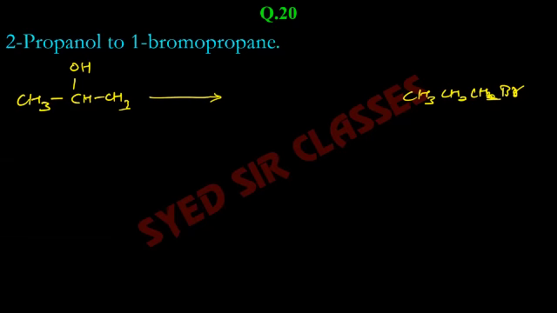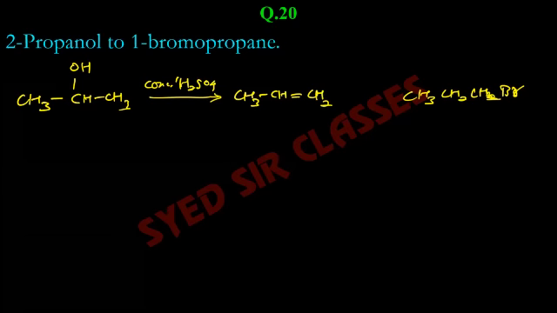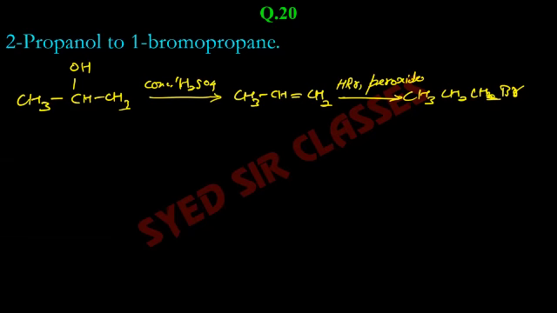So no difference in this case. You can have the same concentrated H2SO4, it will give you the same CH3CH=CH2. But now here, because you need bromine on the primary terminal carbon, you need to use HBr in presence of peroxide, anti-Markovnikov. So the first step is the same, dehydration. The second here is anti-Markovnikov.